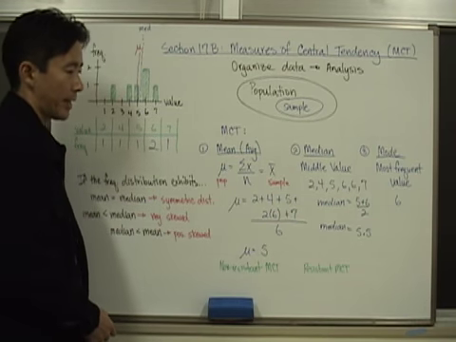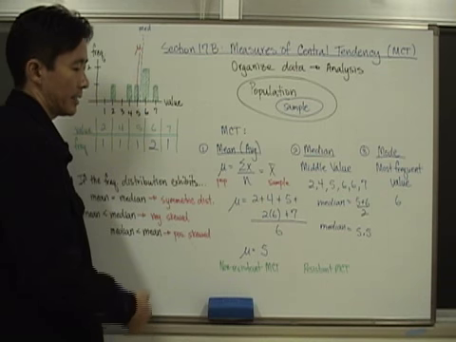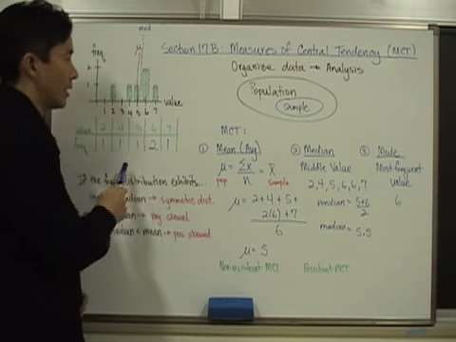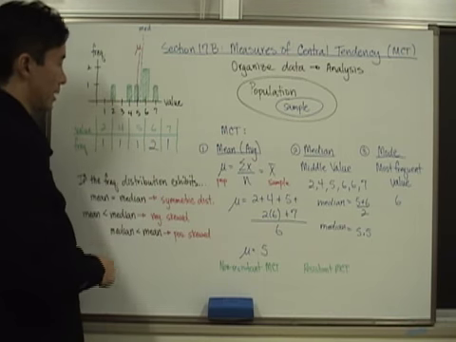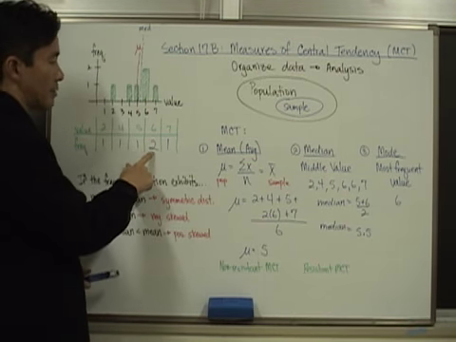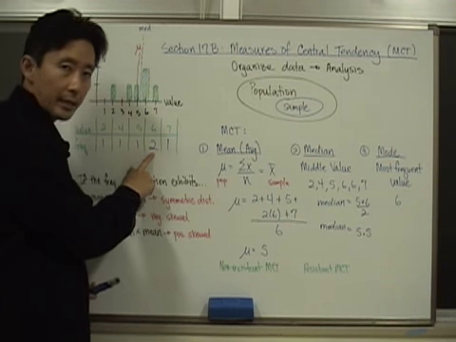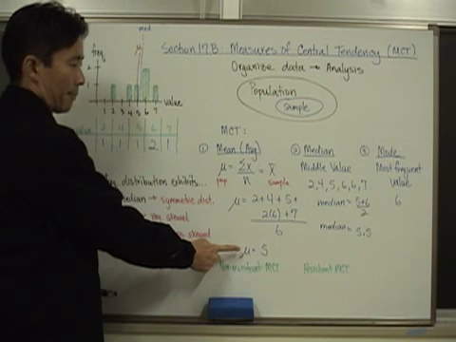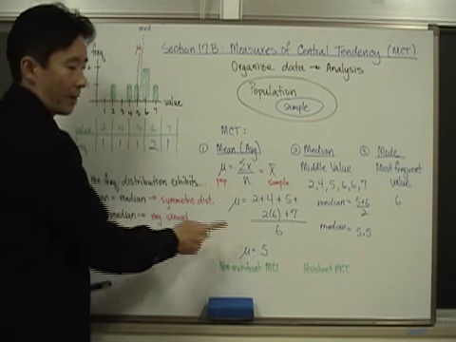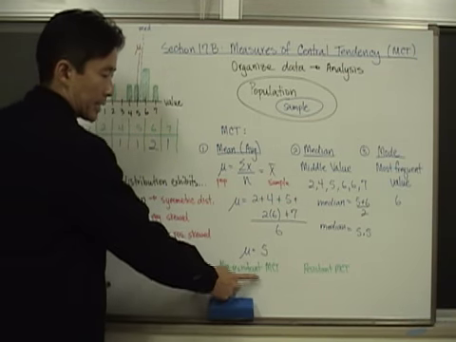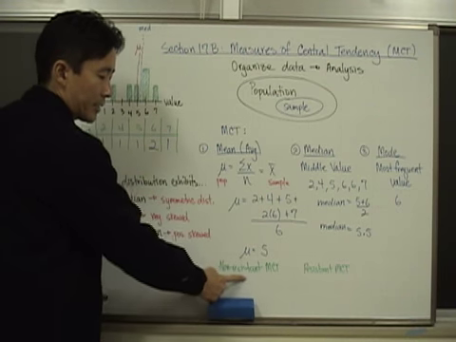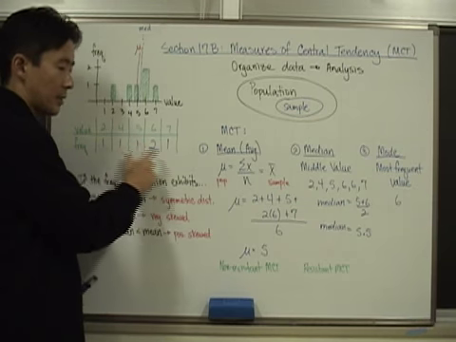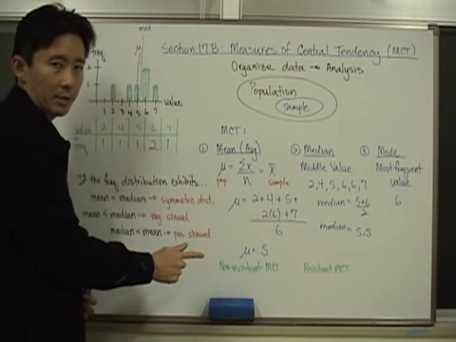The reason for that is because if I change a single value, say for example with the values here that I had, instead of having 2 6s there were 2 5s and only 1 6, then just by making that small change, all of a sudden my mean would also change. Therefore the mean is non-resistant to changes to the data. If there are changes to the data, the mean will naturally change.